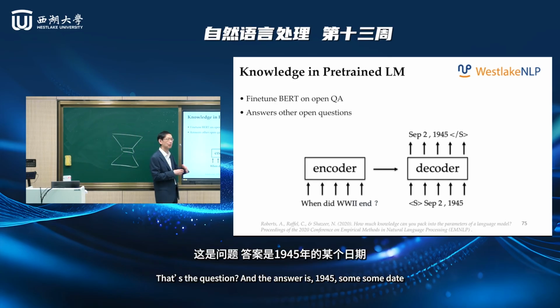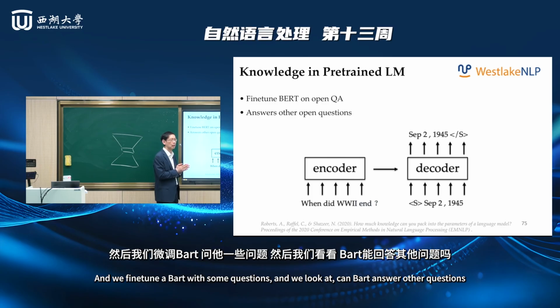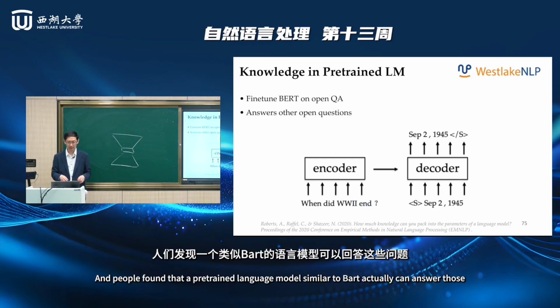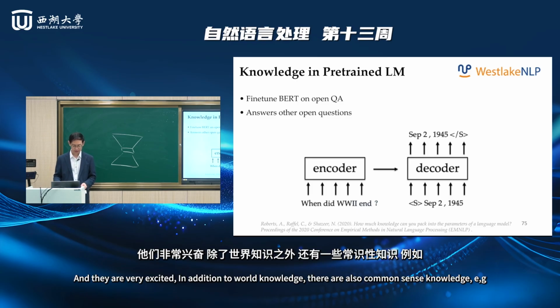And the answer is maybe 1945, some date, okay? And we fine-tune a BART with some questions. And we look at, can BART answer other questions? And people found that a pre-trained language model similar to BART actually can answer those. And they are very excited.